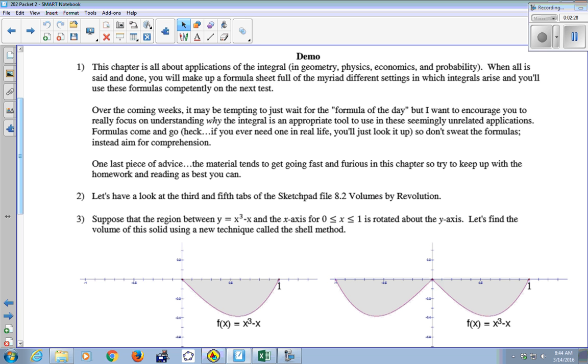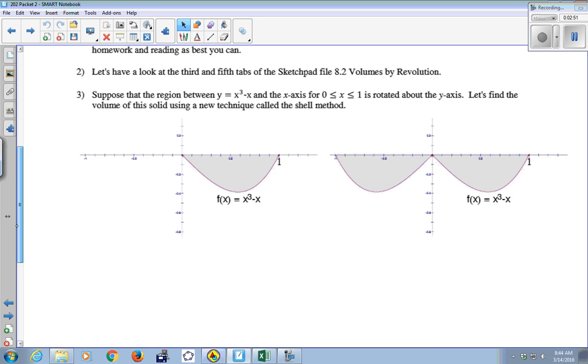Try to aim for comprehension. In almost every class, we will solve a problem before we even know the formula, right? So you don't really need to know the formula if you understand the basis behind it. One last piece of advice, this material tends to get going fast and furious, so try to keep up with the homework and the reading as best you can in the next couple of weeks.